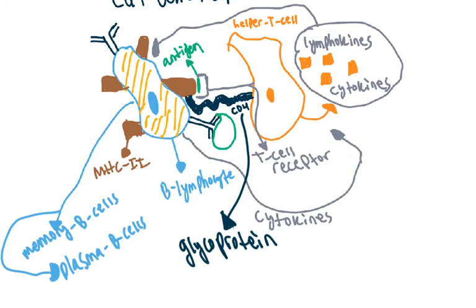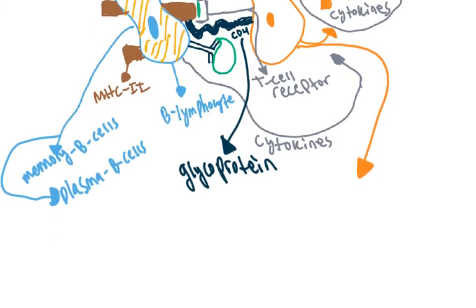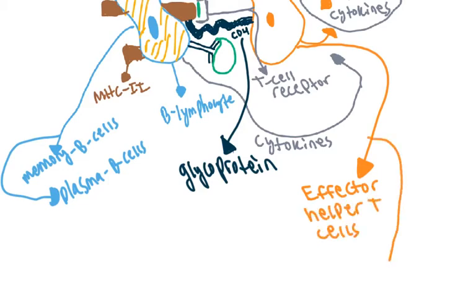These cytokines that the B lymphocytes release can trigger the helper T cells to start proliferating into generally two types of helper T cells: effector helper T cells and memory helper T cells.